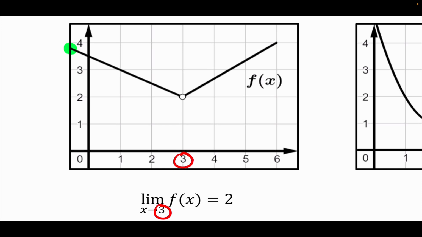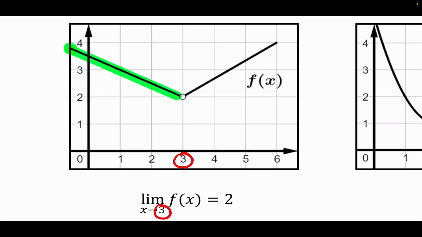That's essentially what the question is. Okay, so let's start. So we start here, and then we're getting closer and closer to x equals 3, right? Where do I end up when I get to 3? 2. The y value is 2, right? So from the left side, from the negative side, because it's coming from the left, when the function gets closer and closer to 3, y is 2.